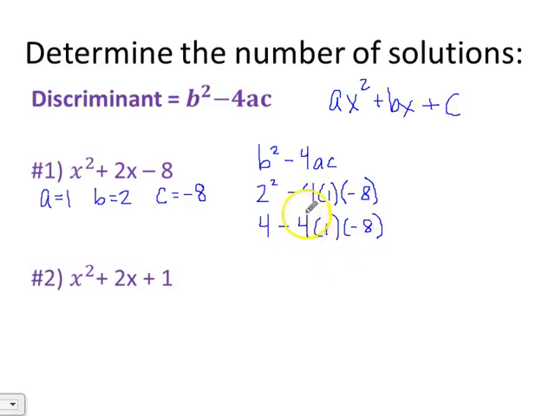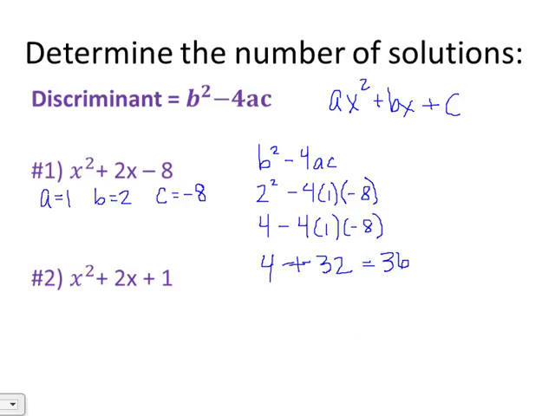I know 4 times 1 is 4, and 4 times negative 8 is negative 32. So we've got a double negative because we're subtracting. Remember, there's this subtraction sign here, and then minus 32. What happens when we've got two subtraction signs right next to each other? It becomes a plus. So now we've got 4 plus 32, which is 36.